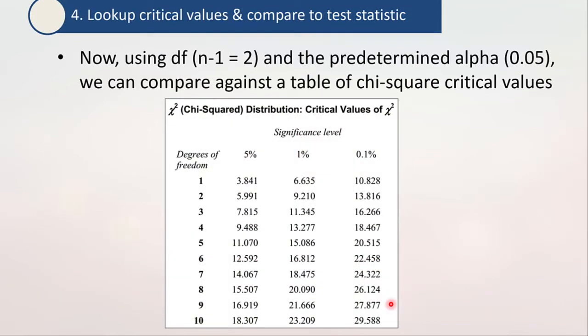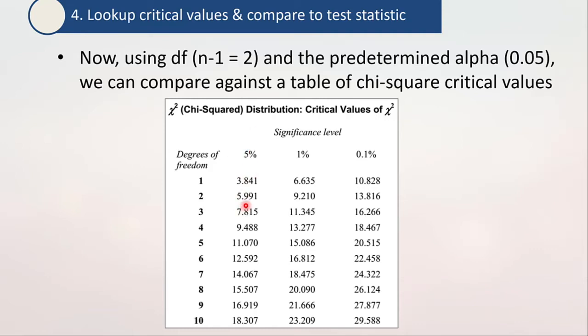The fourth step is to look up critical values and compare to the test statistic. We have 3 different observations, so the degrees of freedom is n minus 1, which equals 2. And the predetermined alpha is 0.05, so 5%.